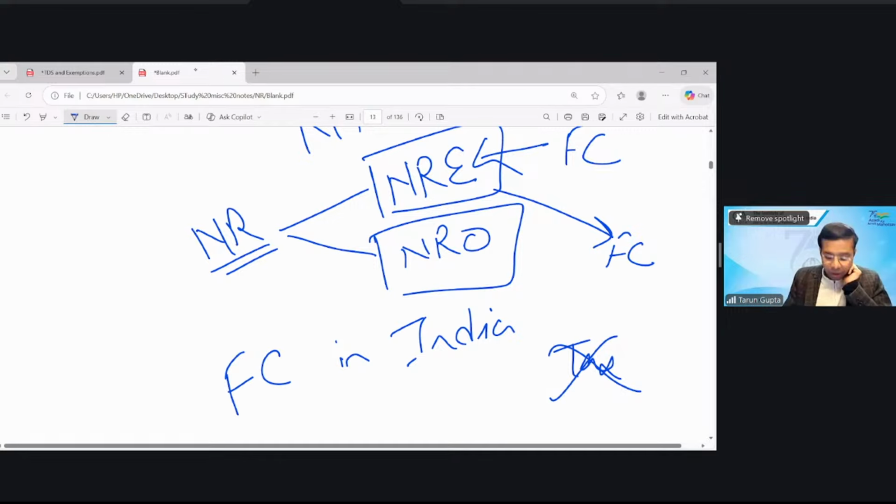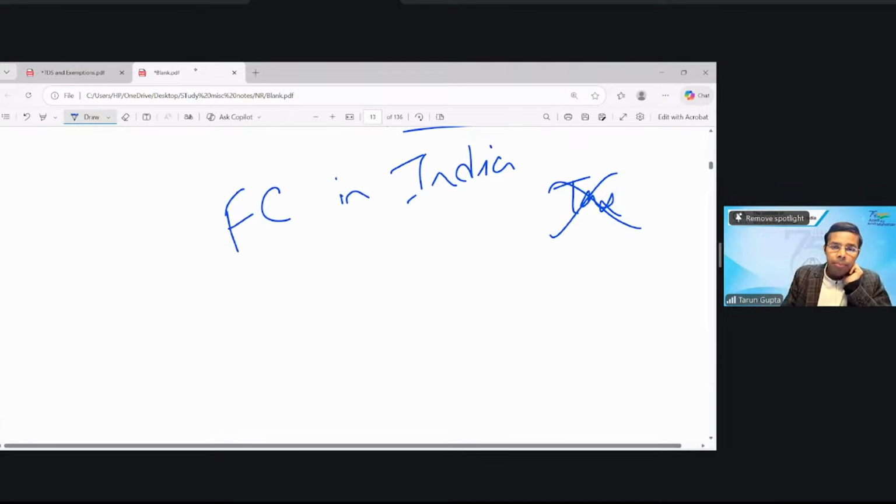Had this section not been there, then this interest income would be taxable. Why? Because the interest you receive from a bank account in India is income accruing or arising in India. But the government's message to the non-resident is that you earn outside India, very good, but you don't save into India.